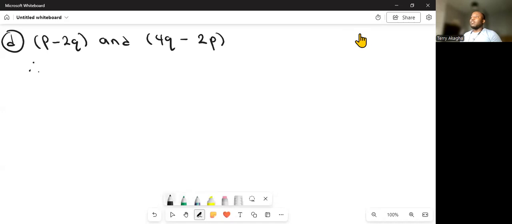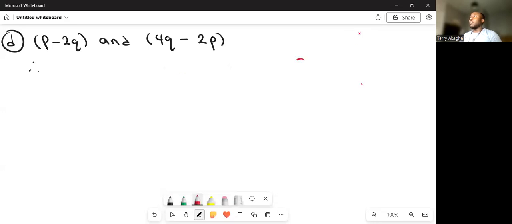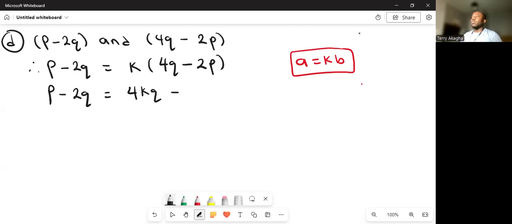So remember we said for it to be parallel, it means that A must be equal to what? KB. So let's check it out. We have P minus 2Q must be equal to K times 4Q minus 2P. We open the bracket, so we're going to have P minus 2Q will be equal to 4KQ minus 2KP.